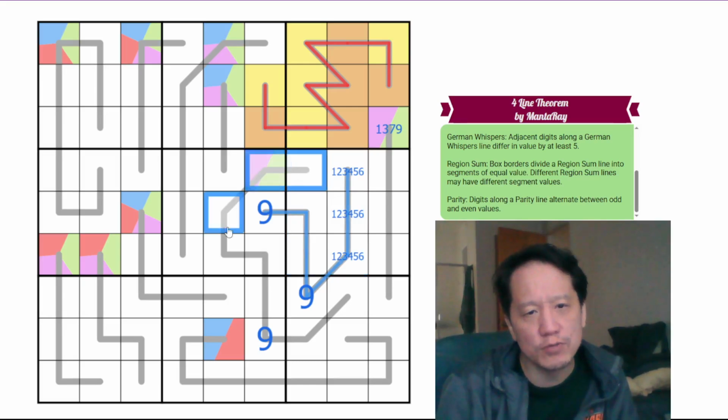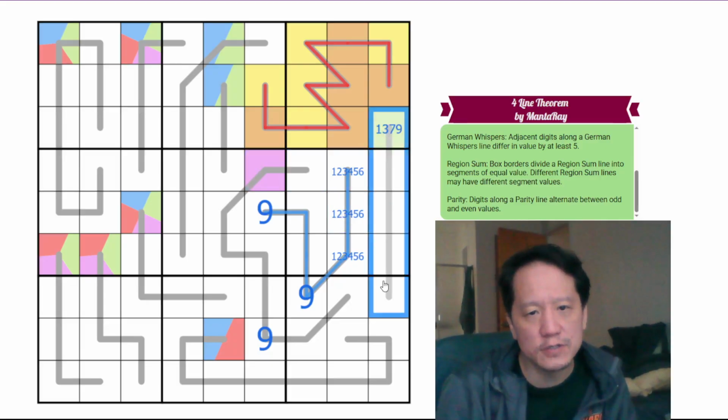So this is Renban, which means neither of these are Renban. So we have region sum or Whisper 5 line. So this is the assumption.